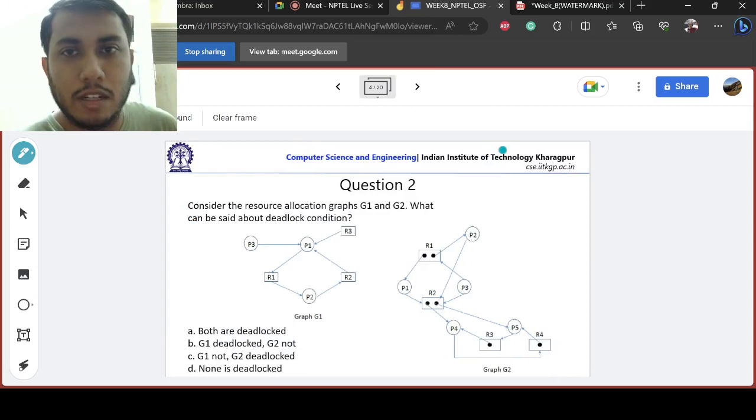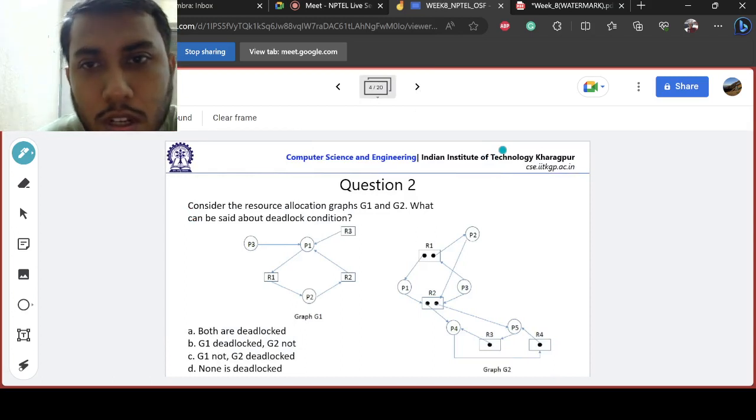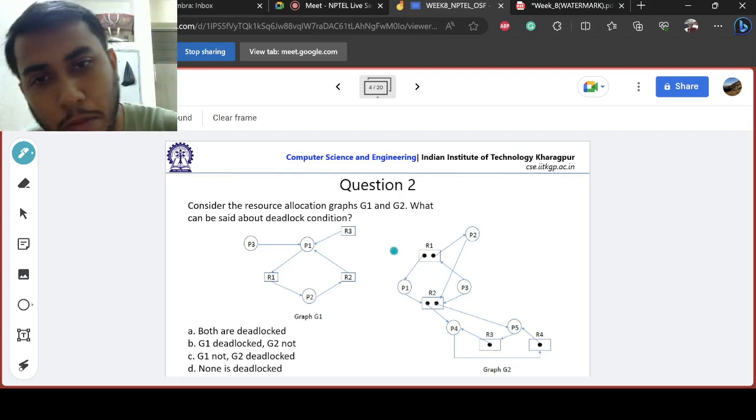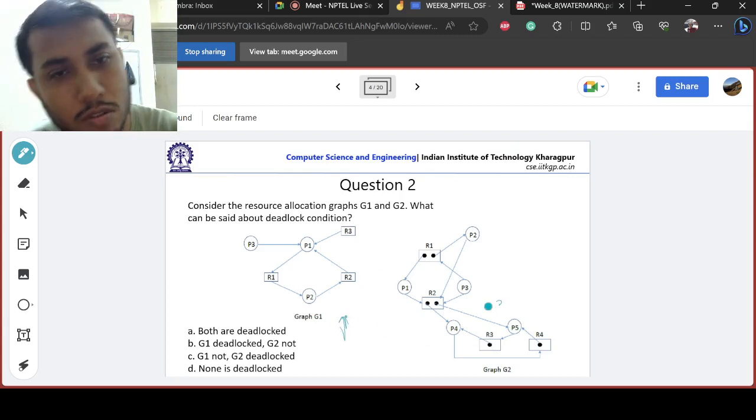So you have been given two graphs, G1 and G2. You need to find out what we can say about the deadlock condition. This is a graph with only one resource, and this is a graph with two resources.